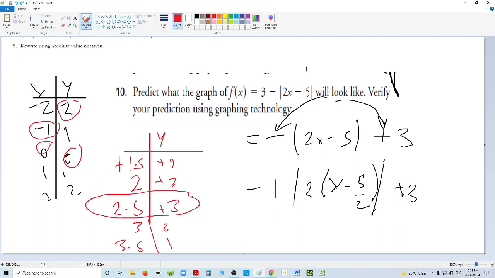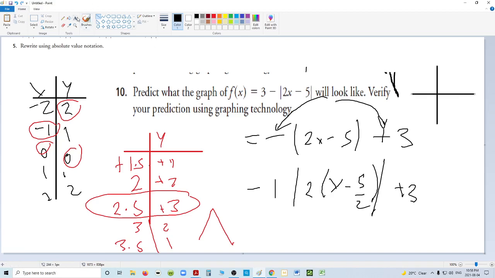So you can see that the whole thing shifted up by 3. It reflected in the x-axis. But because it shifted up by 3, these points here will be higher. And actually, okay, yeah, that's what it's going to look like. So if I was going to graph it, it would look like this.